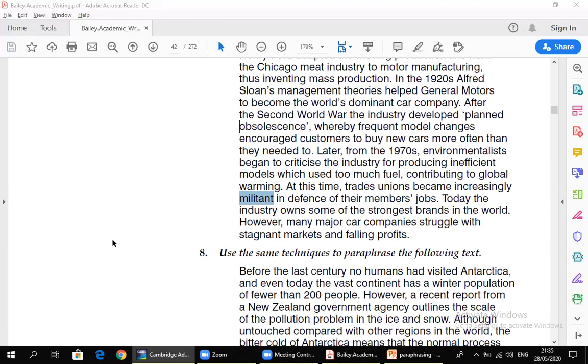We can say at this time, increasingly, militant trades unions defended their members' jobs.